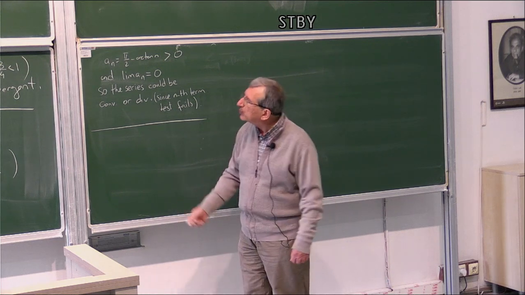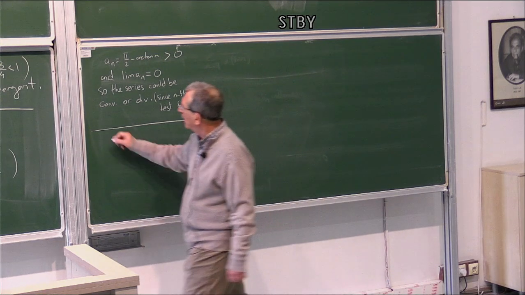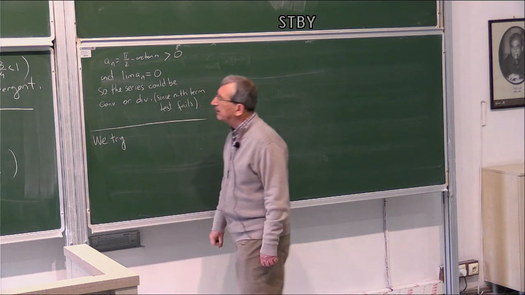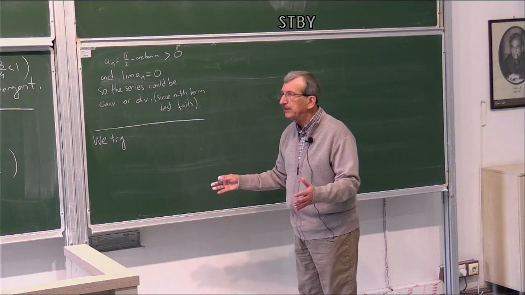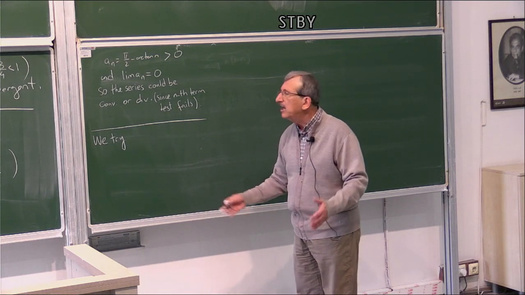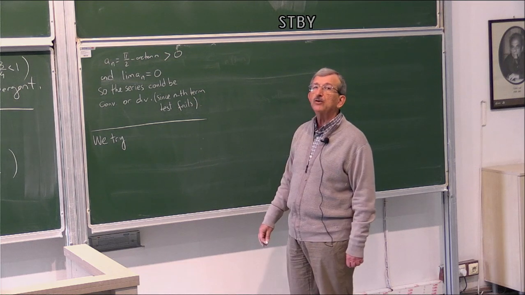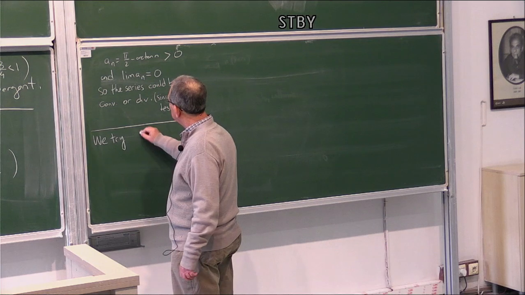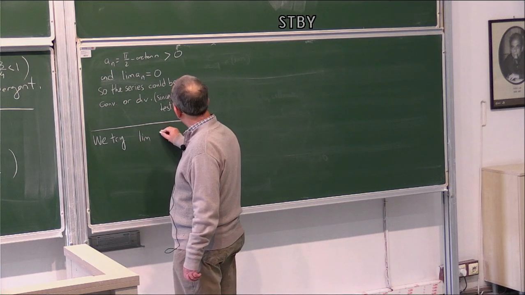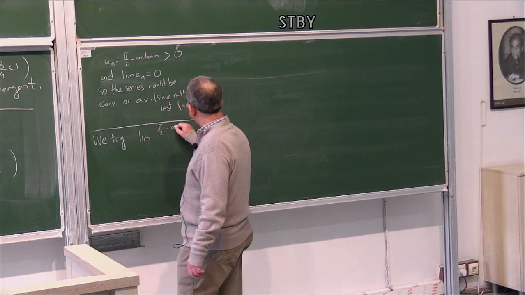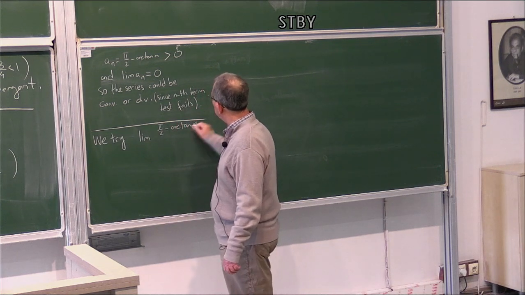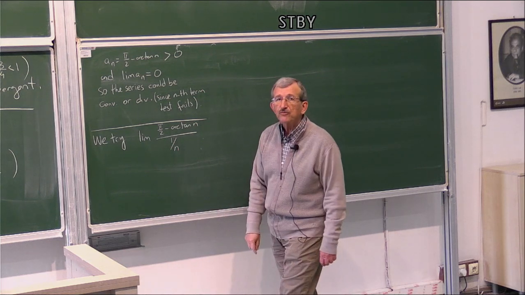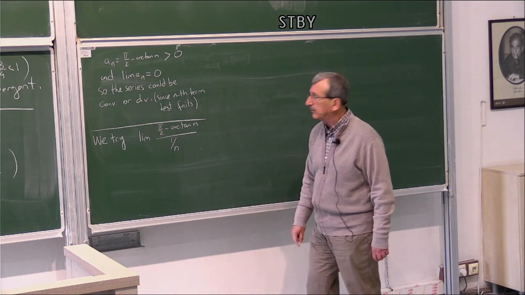Okay, since we don't know, we try a nice enough known series, that means a p-series, and compare it limit-wise with this an. We try, that's just a trial, and consider the limit of pi over 2 minus arc tangent n divided by 1 over n. Okay. If not, we will try 1 over n squared. Okay.